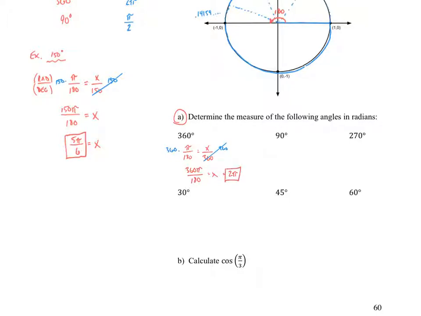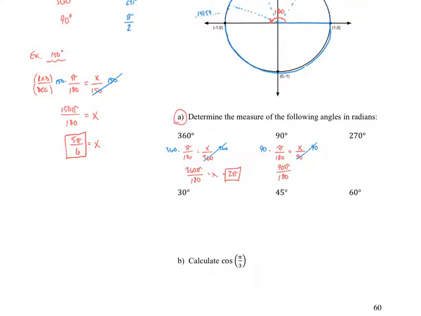Same thing with 90. We're going to start with the relationship that we know, which is that pi is to 180, as some unknown radian measure is to 90 degrees. Got to get that x alone, so I'm going to multiply both sides by 90. That side will cancel, and now I have 90 pi over 180. I can reduce this.